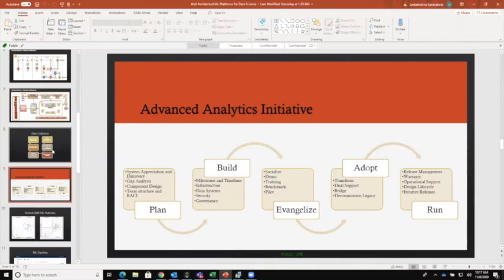And it's going to touch every part of your business. So you need to understand how you build it, come up with milestones, come up with infrastructure for it, come up with governance for it. Of course, I'll leave that aside for the leaders, and then you would actually evangelize and adopt it slowly.